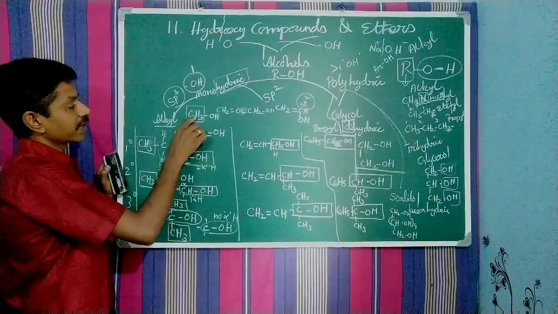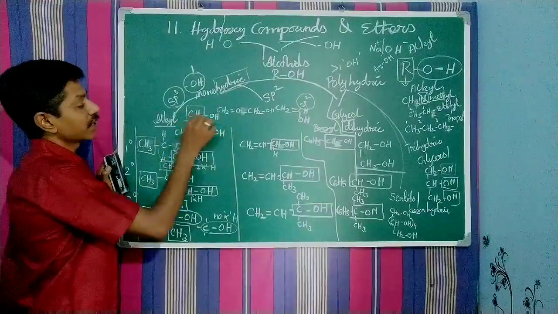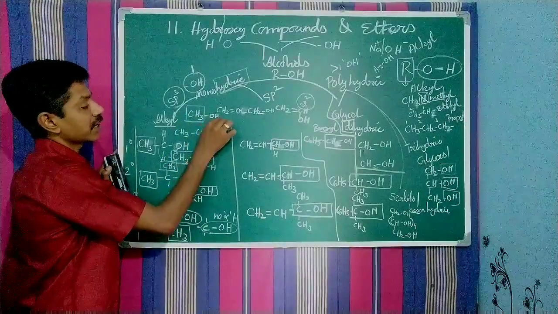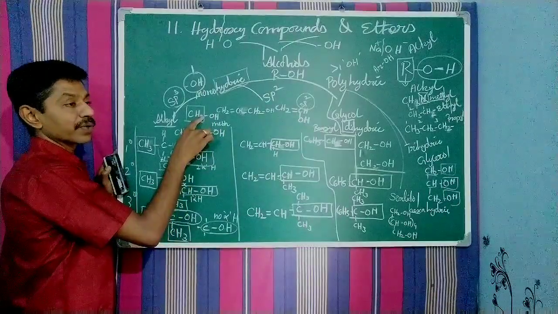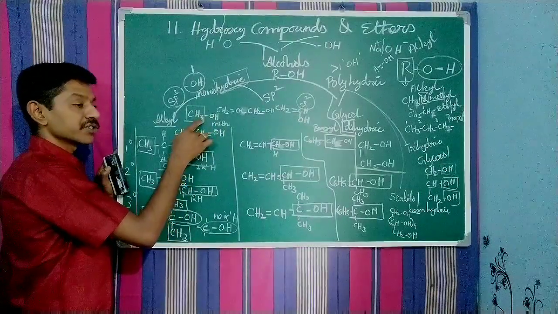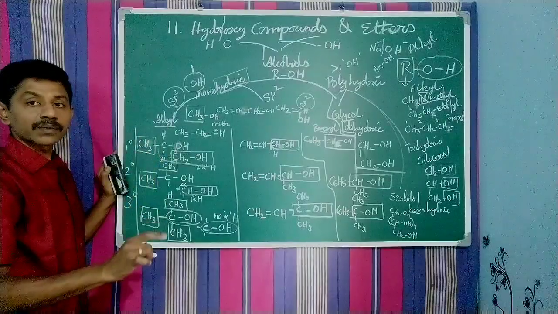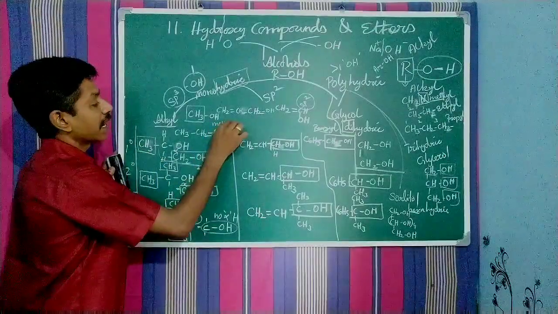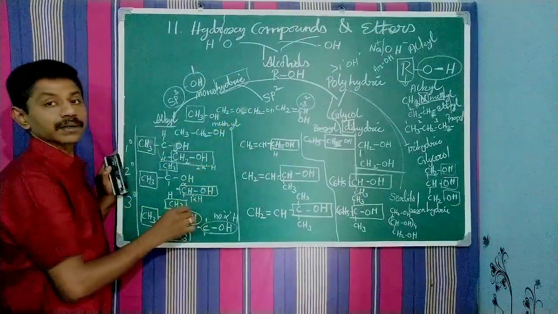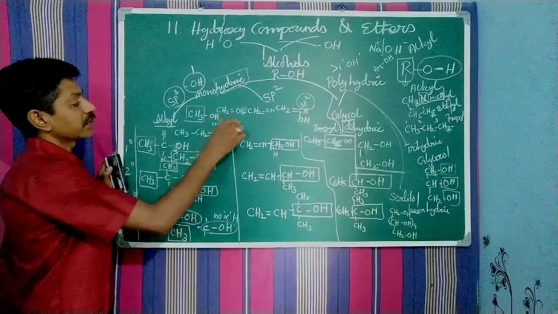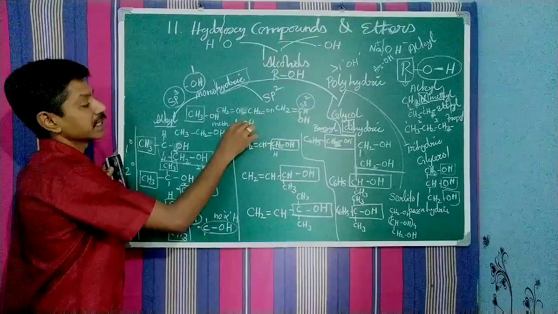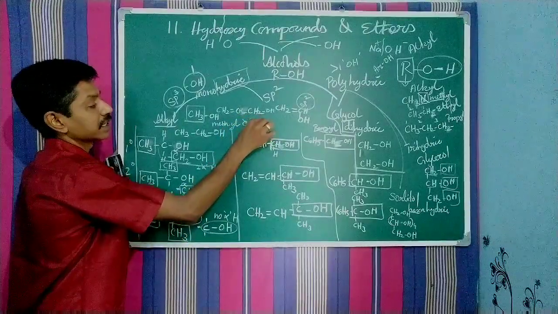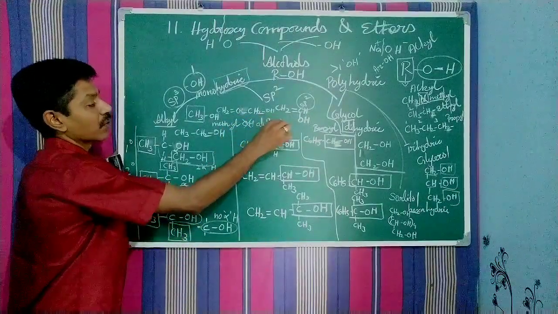So the name of the alkyl group, since it is having one carbon, it has to start with methane. And it is not CH4, it is only CH3. It has lost one hydrogen. So we are adding YL, methyl.